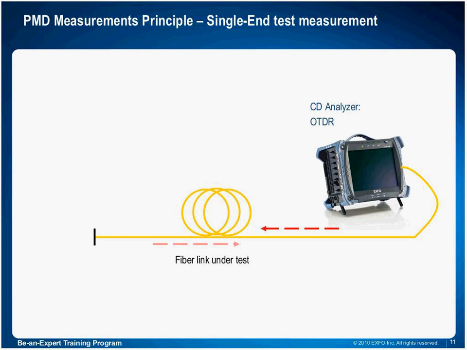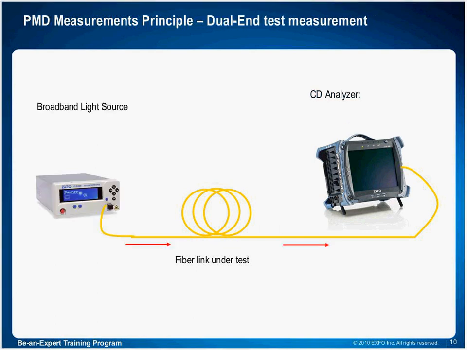If we get to the chromatic dispersion analyzer, what it does instead is it uses the broadband light source. The broadband light source is going to be emitting a broad spectrum of light, so over a wide range, it will be sending light through the fiber.